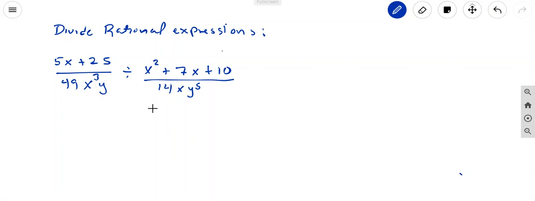The first thing we're going to do is rewrite this division as a multiplication, and to do it we have to flip the second expression, or multiply the first rational expression by the reciprocal of the second rational expression. So basically I'm going to keep my first expression exactly as is.